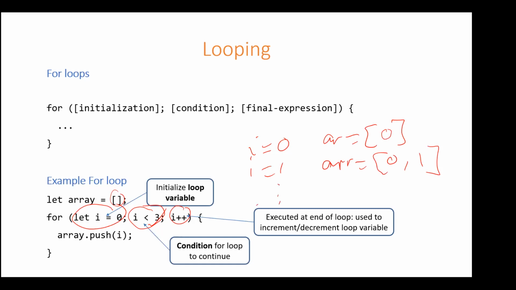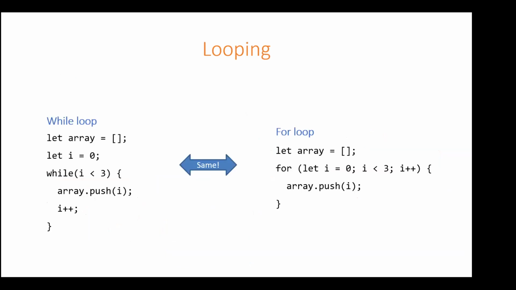We can continue on until i equals 3. With i equals 3, this condition will evaluate to false, and then we'll go out of this loop. We'll stop the loop. By then, our array will have 0, 1, 2. If you find this familiar, it's because it's exactly the same as what we covered in the while loop just now. They're just different ways of doing things.